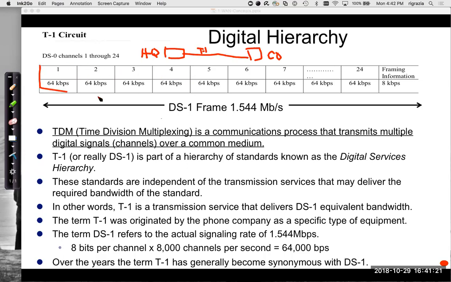And if you're just paying for part of it, let's say 6 of these, this would be known as a fragmented T1 link.